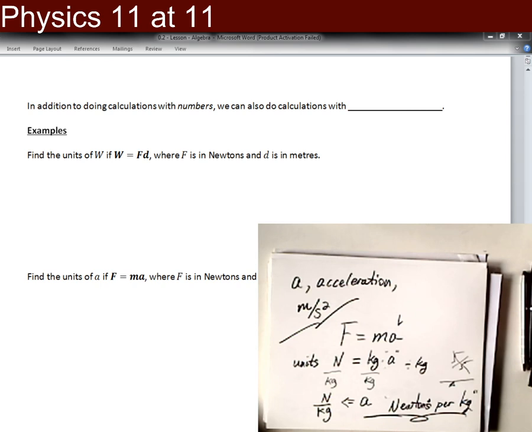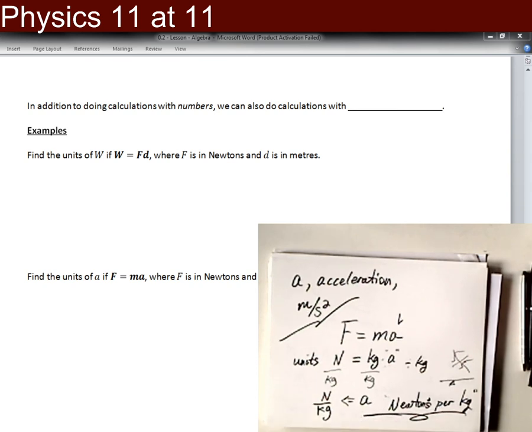We reminded ourselves how to solve for a variable when it's embedded inside of an equation. And then lastly, we did a little look here just to show that we can do this with units as well, which is going to be important for our later work.